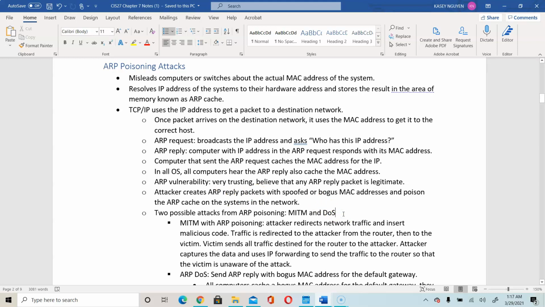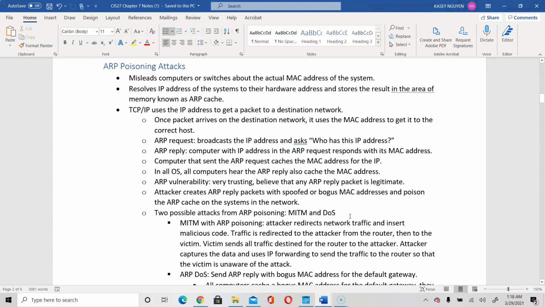The types of attacks usually performed with ARP poisoning would be man in the middle, so that the attacker can listen in and intercept the traffic, and denial of service, because ARP poisoning can cause disruption or corruption to that particular system.